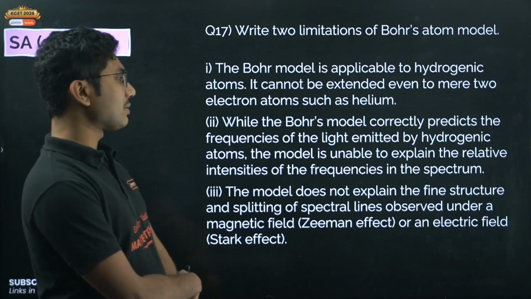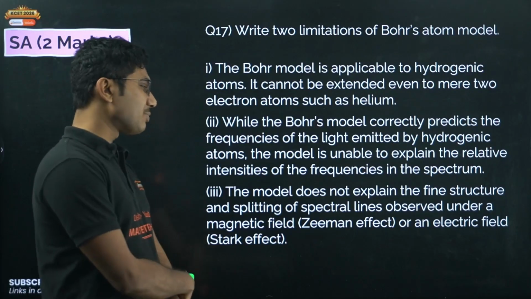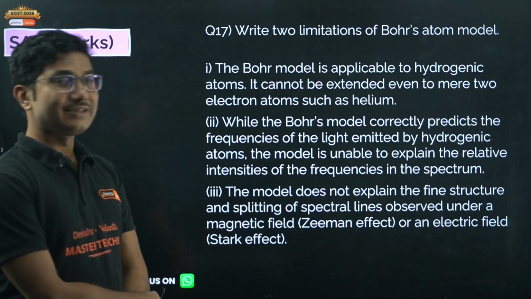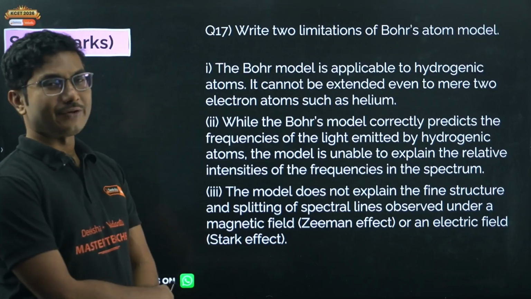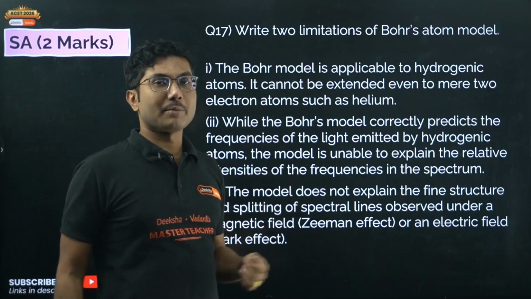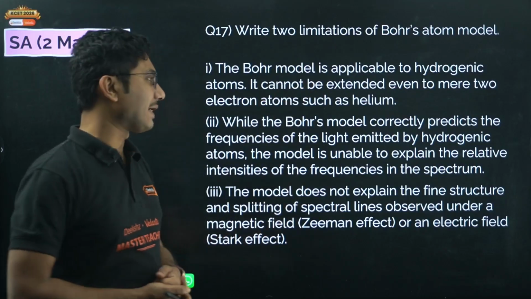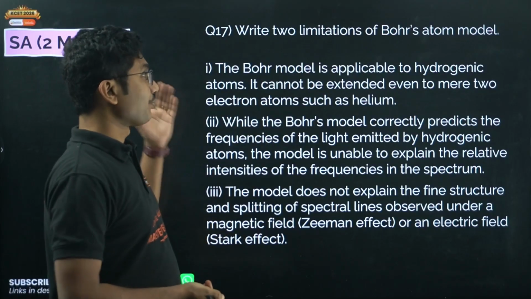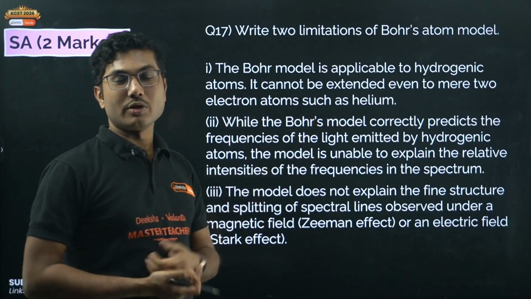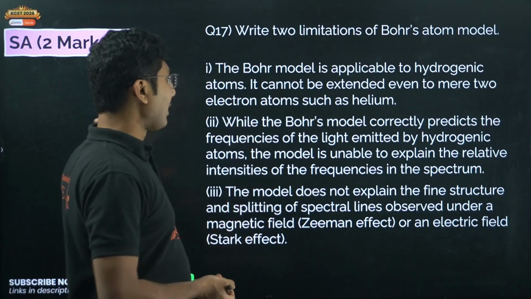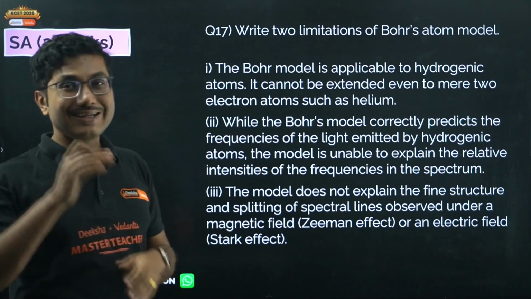The model does not explain the fine structure and splitting of spectral lines observed under the magnetic field, Zeeman effect, or electric field, Stark effect. So Bohr's atomic model cannot explain Zeeman effect and Stark effect. Also it cannot be extended to more than one electron system, for example helium, lithium, and also it is unable to explain the relative intensities.